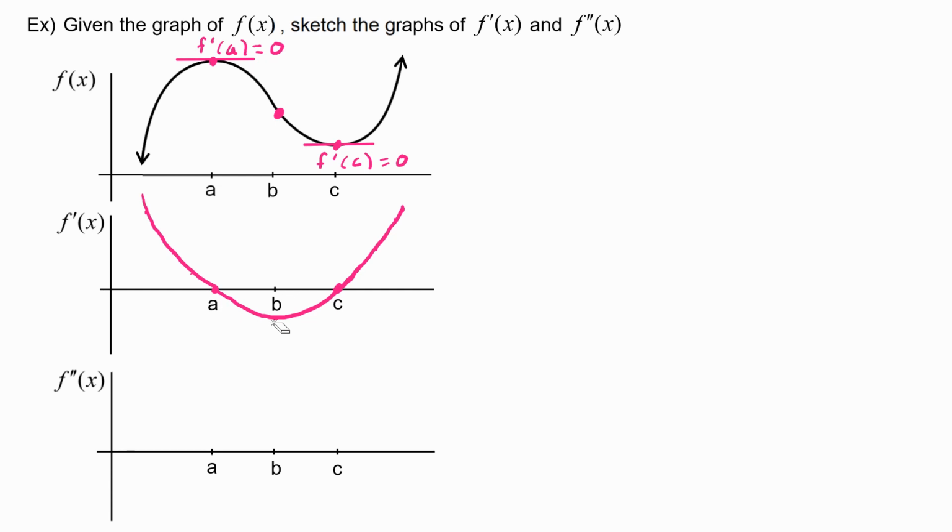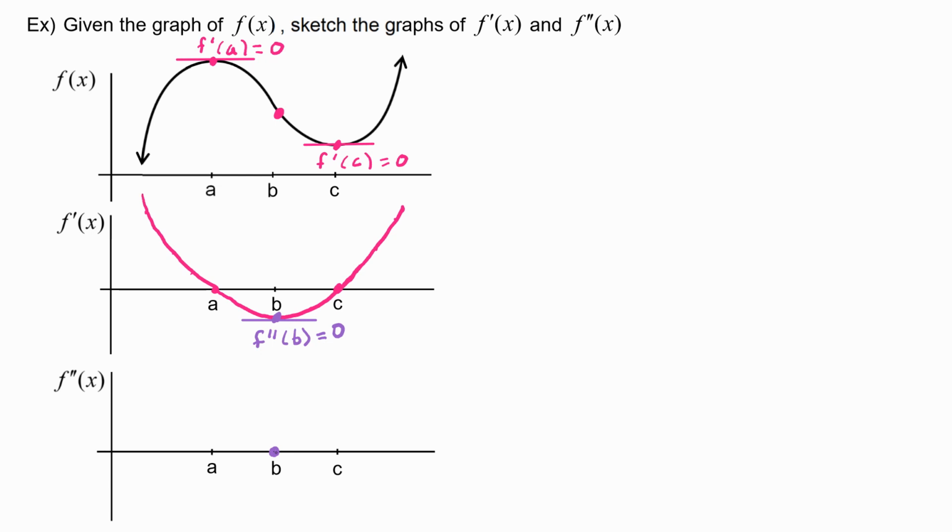Now, looking at this curve here, it appears at x equals b that the slope of the tangent is 0. So this means f double prime of b is going to have to equal 0. So we come down on the graph of f double prime and make a y value of 0 at b.